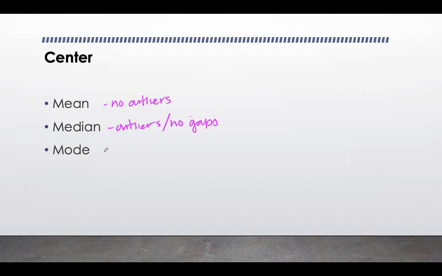And finally, the mode is typically only used when one value has many repeated values over and over again. Basically, the set of data is repeating the same value over and over again.